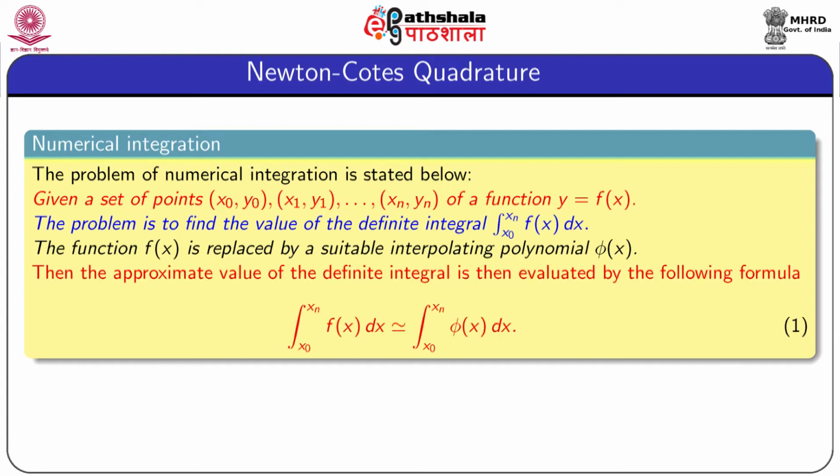Then the approximate value of the definite integral is evaluated by the following formula: the integral from x0 to xn of f(x) dx is approximately equal to the integral from x0 to xn of phi(x) dx. This is the main principle of the Newton-Cotes quadrature formula.